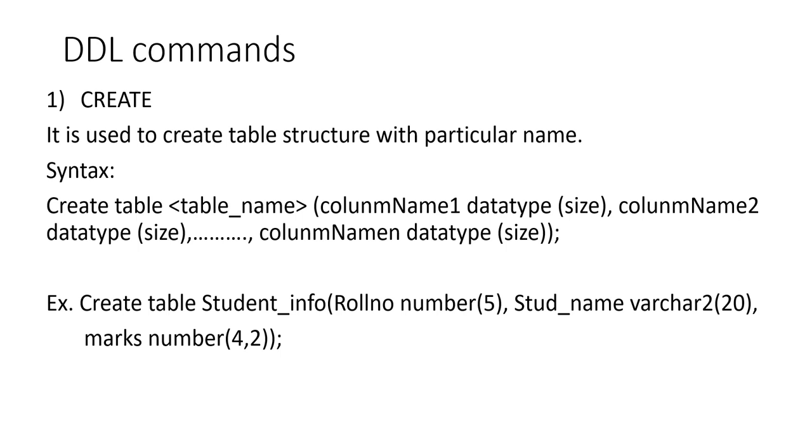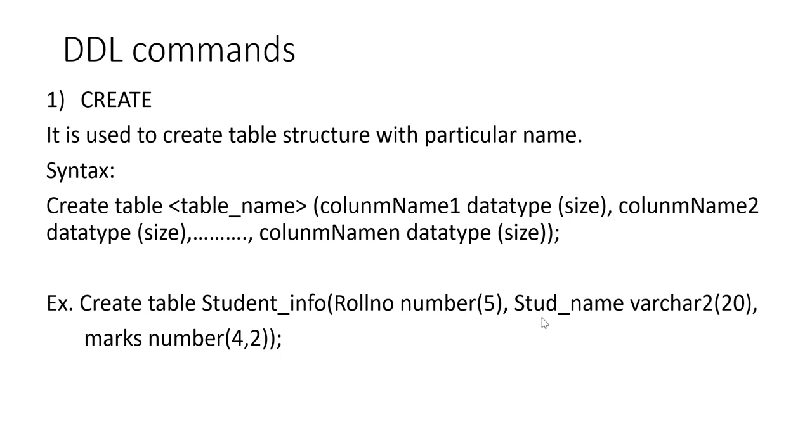Okay, so this is the syntax, and here is the example for creating the table in the database: create table, then student info, this is the table name, and in brackets roll number, data type is number, and then the size. We need to specify the size because the syntax is column name 1, data type, size.